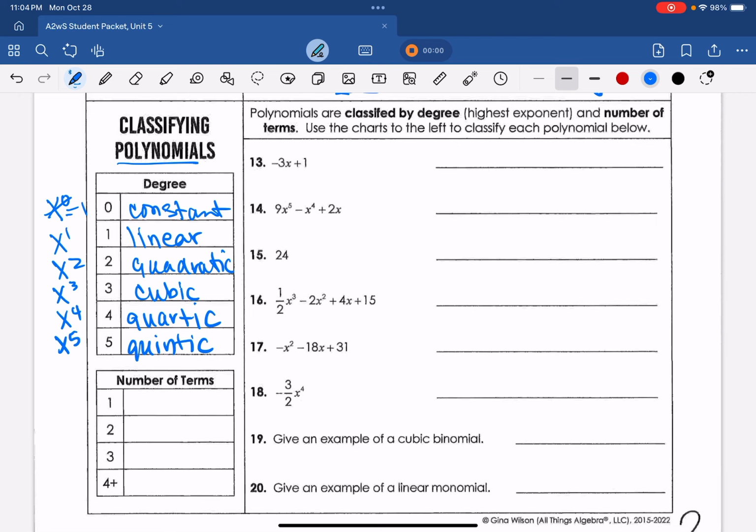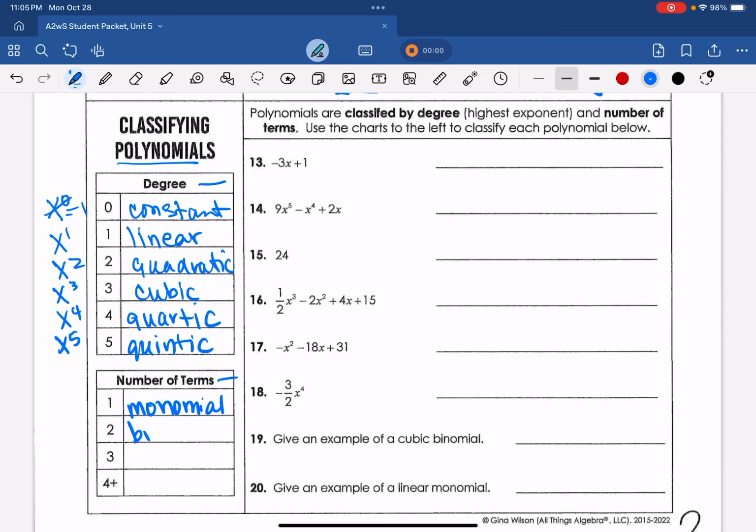Okay, then we also classify them by their number of terms. So it's kind of like in science class when you're classifying order and species, you do it by 2 ways, family or phylum and kingdom and species, that sort of thing. So we're going to classify it 2 ways. One by its degree, and then the other is going to be by the number of terms. So if it's just 1 term, it's what we call a monomial.